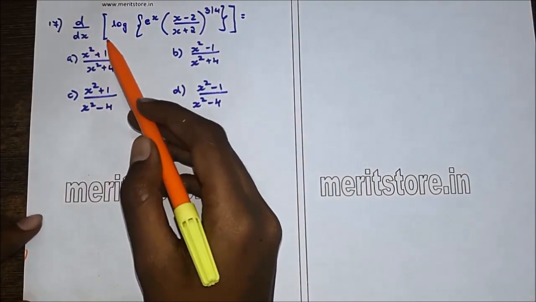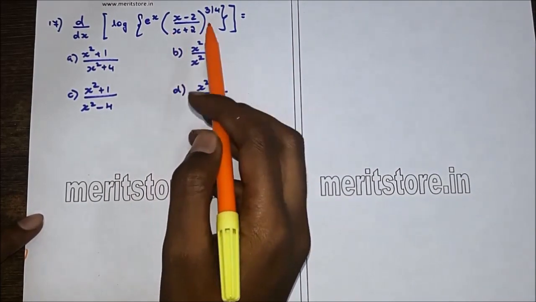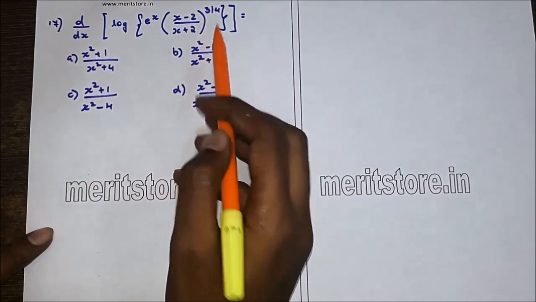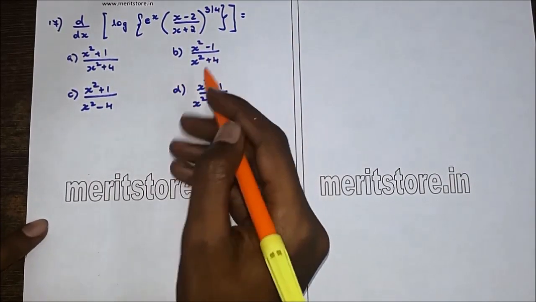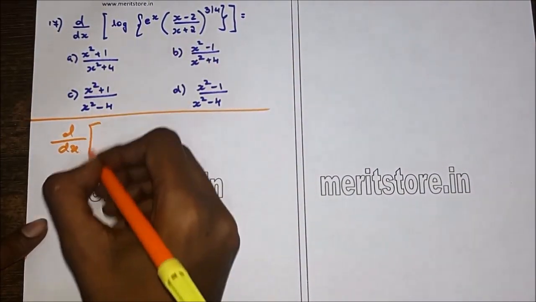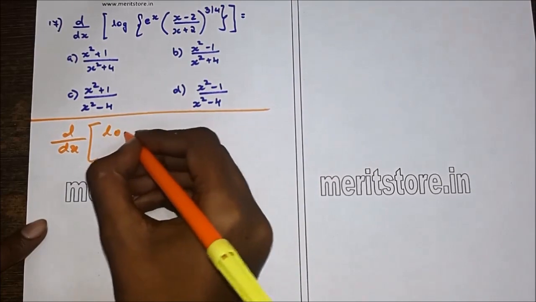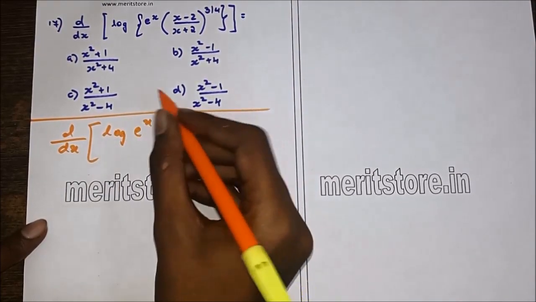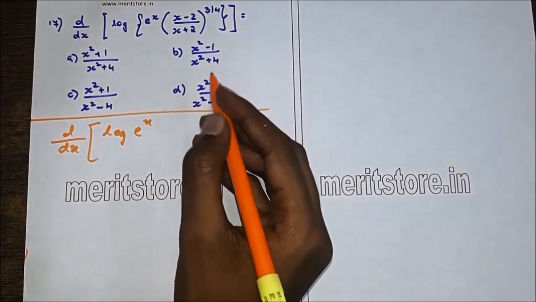We have to find the differentiation of log of e raised to x into (x minus 2 by x plus 2) raised to 3 by 4. These are the options. So firstly, by rule of logarithm, we split the term. So we get log of e raised to x. Log of a into b is log of a plus log of b.